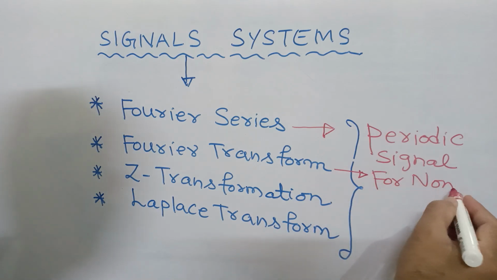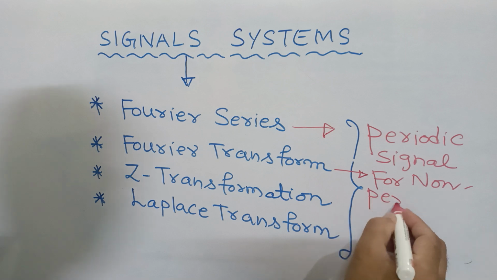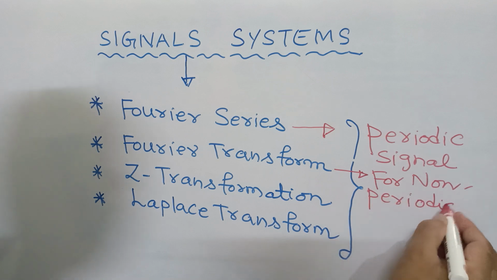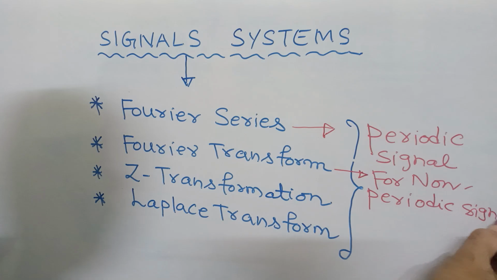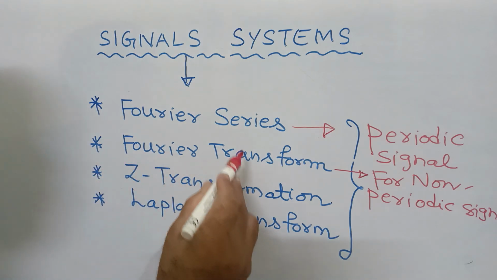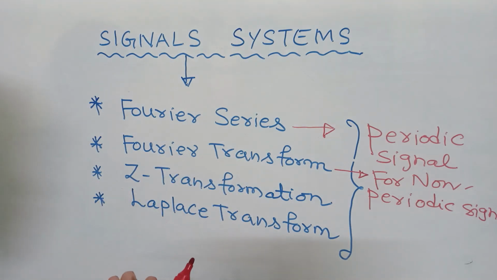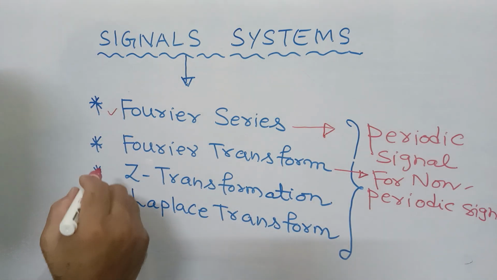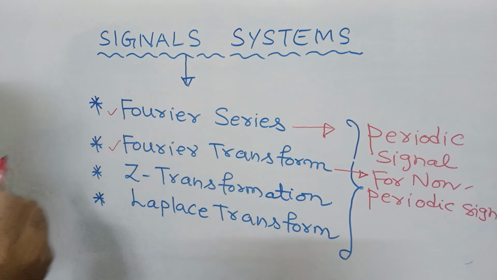The Fourier transform can also be used for periodic signals, but predominantly it is used for non-periodic signals. So the Fourier series is used for periodic signals most of the time, and the Fourier transformation is used for non-periodic signals.